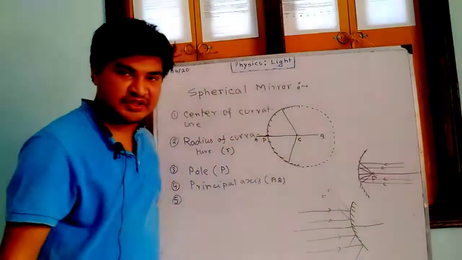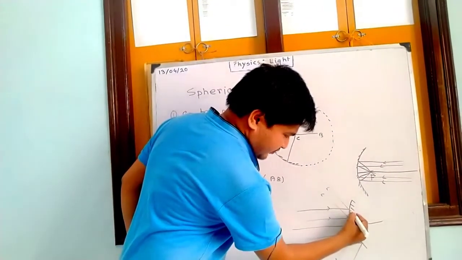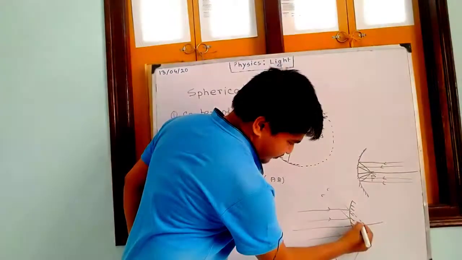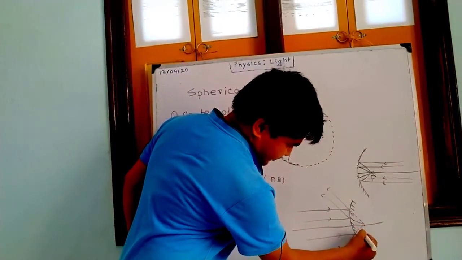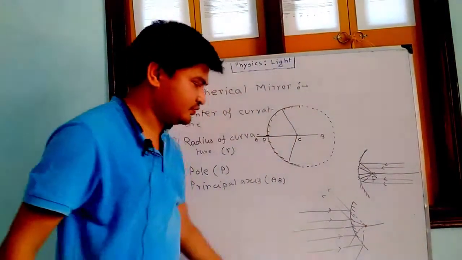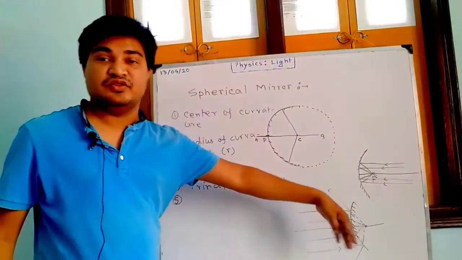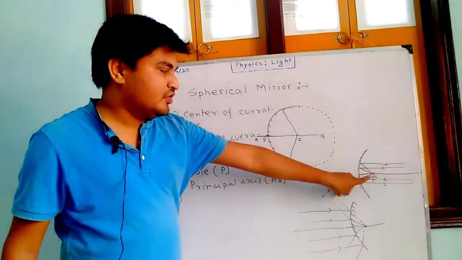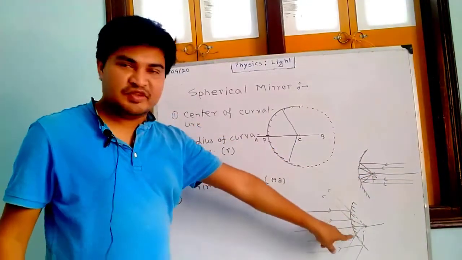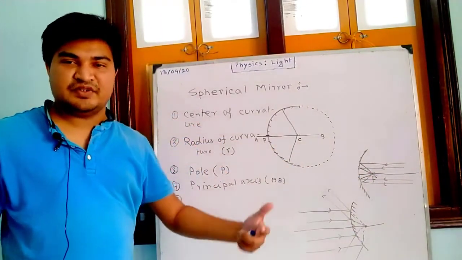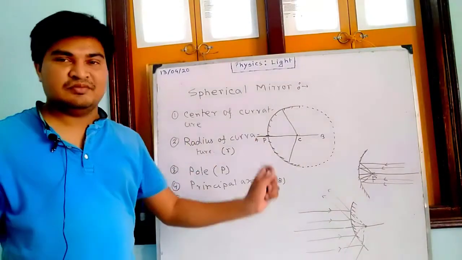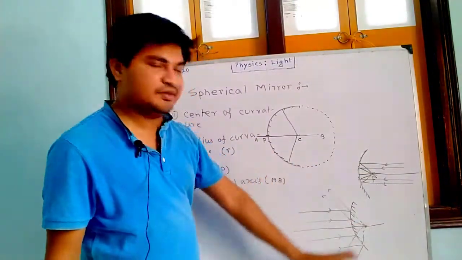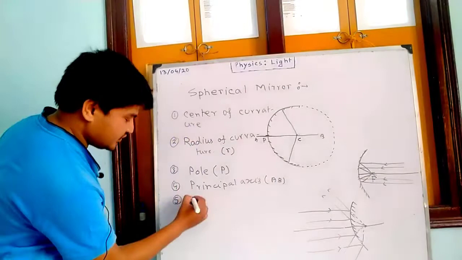They are never going to meet, but if we enlarge it, we see they appear to meet at this point, that is, they diverge from this point. So it may be converging or diverging. The point on the principal axis at which the rays converge or diverge is called the focus.